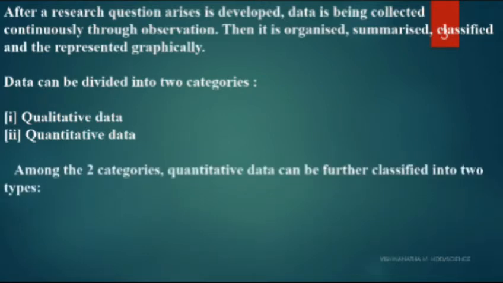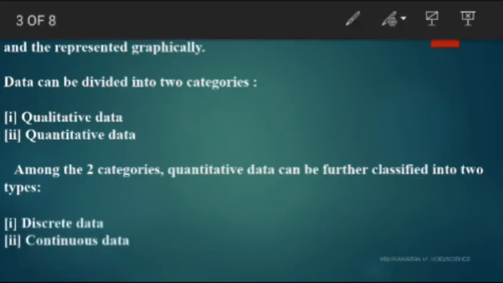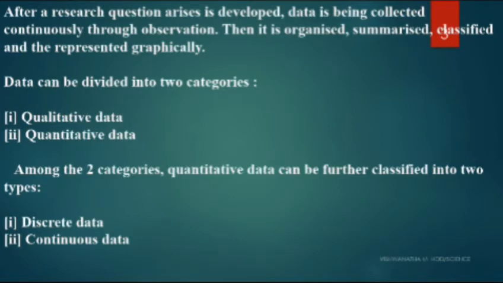Among these two categories, quantitative data can be further classified into two types: discrete data and continuous data. Remember that these two are quantitative data itself.